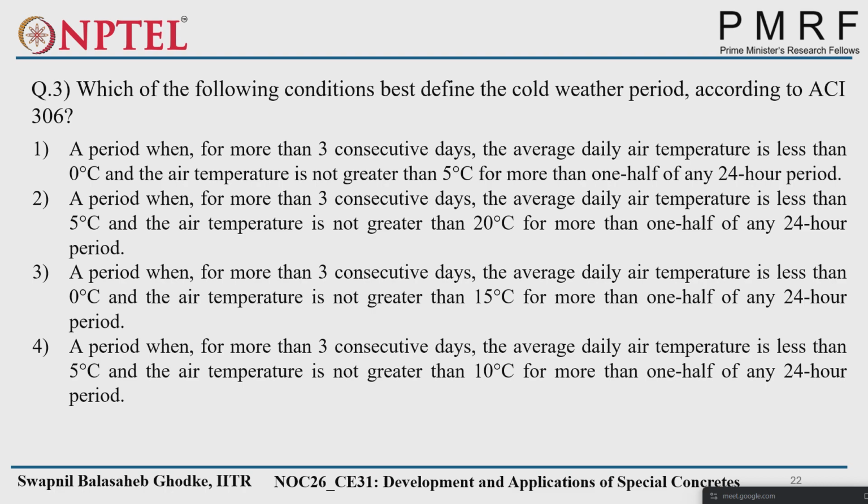Next question: which of the following conditions best defines the cold weather period according to ACI 306? We already saw the definition of cold weather. Based on that only, the answer will be here. So can anyone?